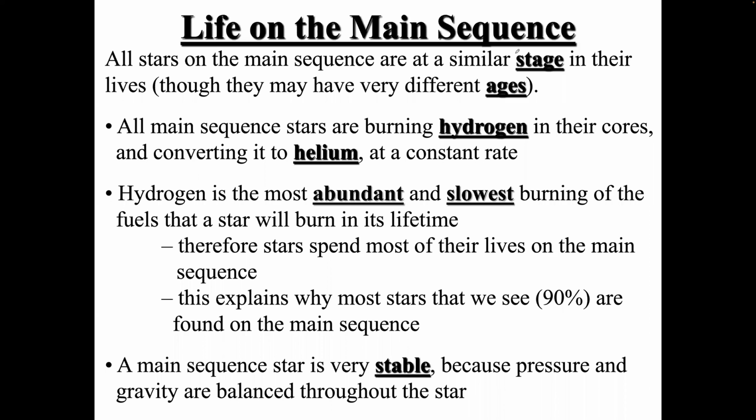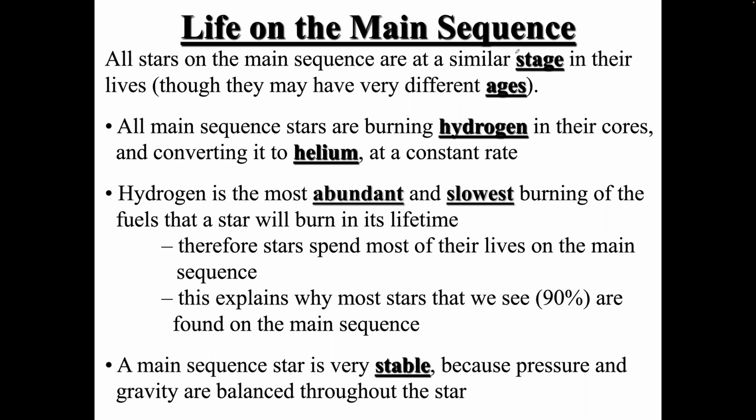Basically, all these stars that you saw on the main sequence line are burning hydrogen in the core region of the star. And once they burn hydrogen, it will be converted into helium, right? They will do this at a constant rate. So this is the process that actually goes on for the stars in this main sequence, right?